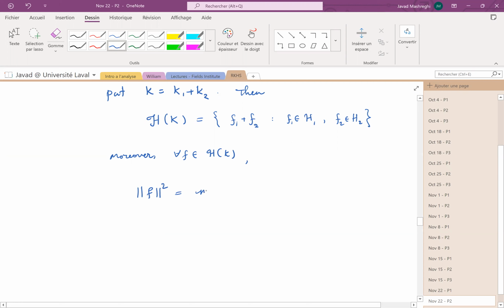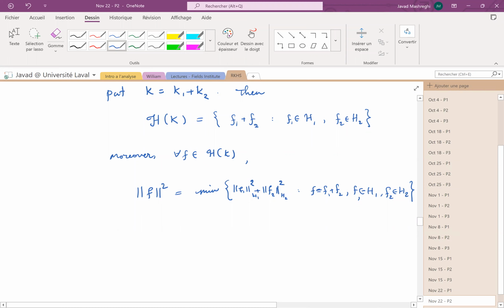This is equal to the minimum of all possible representations of F equal to F1 plus F2, where F1 is in H1, F2 is in H2, and the norm is the norm of the first one in the first space squared plus the norm of the second one in the second space.